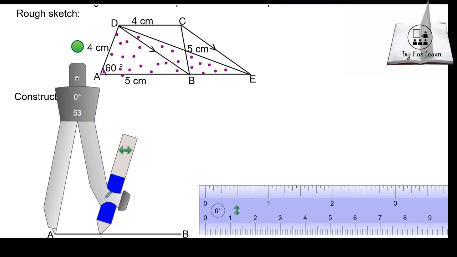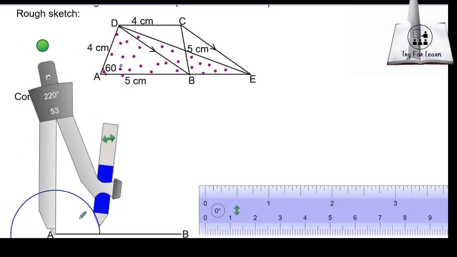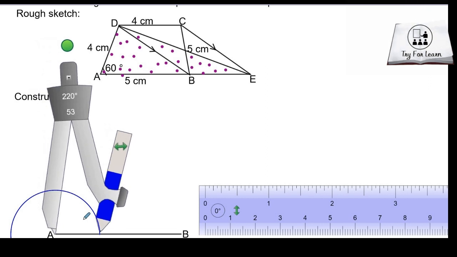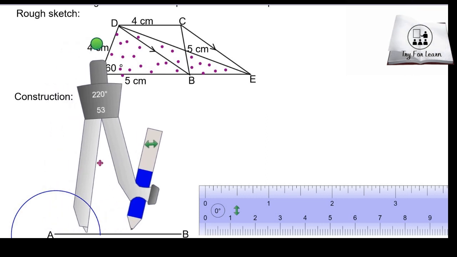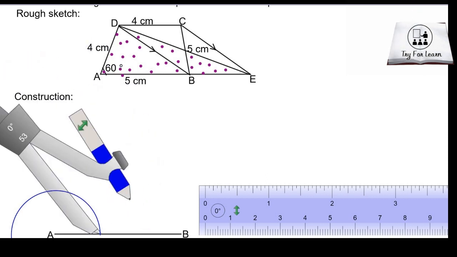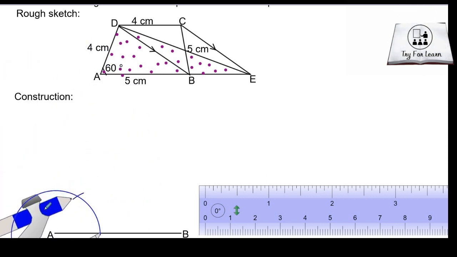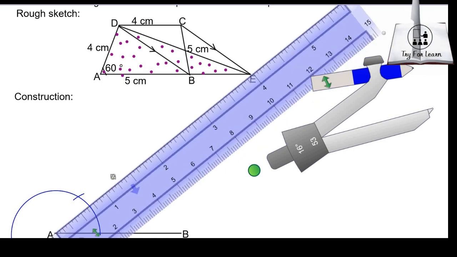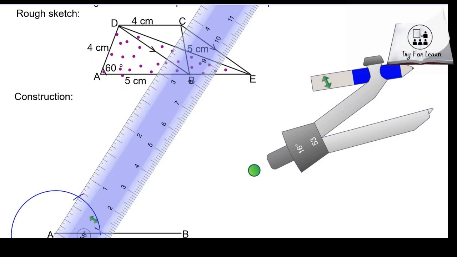To draw a 60 degree angle, we need to draw an arc. Here, you have to keep this arc constant and take the same arc from this point. If you join this vertex A with this intersecting arc, then you will get a 60 degree angle. Let's join.